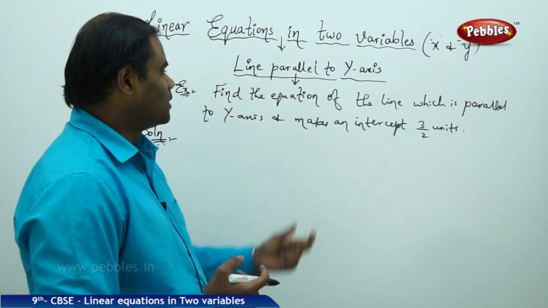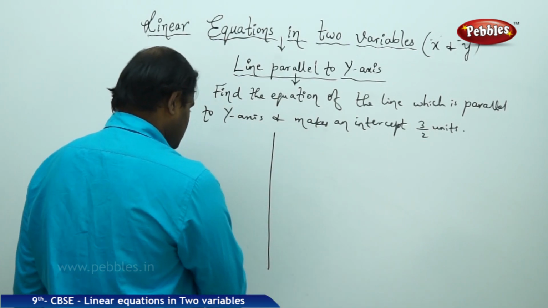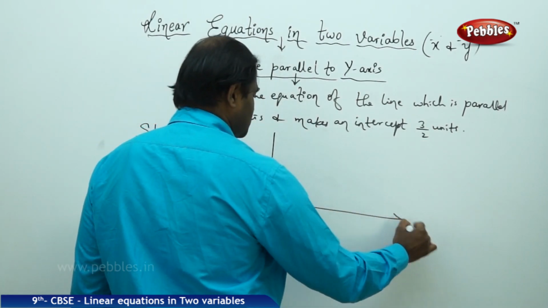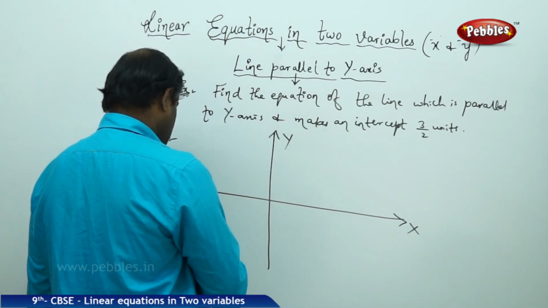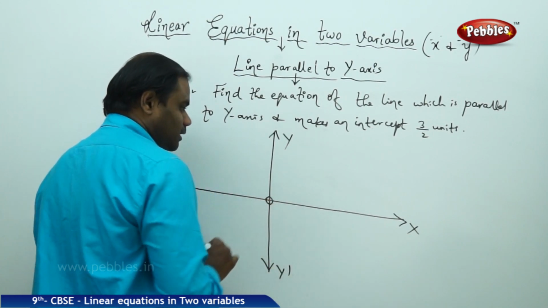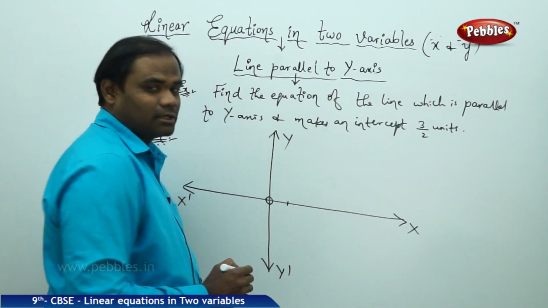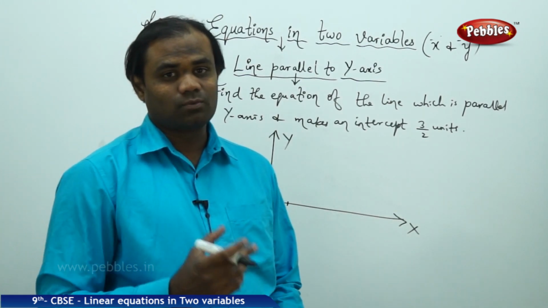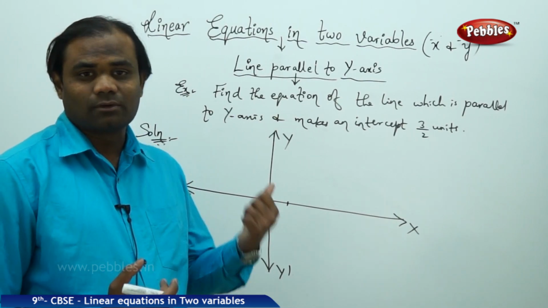So as I take the Cartesian plane with x and y-axis intersecting at origin, let me take a scale of 1 centimeter equal to 1 unit on x-axis and 1 centimeter equal to 1 unit on y-axis.